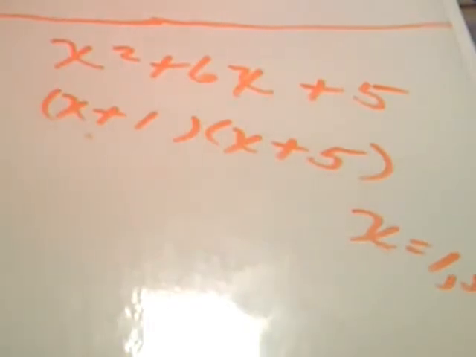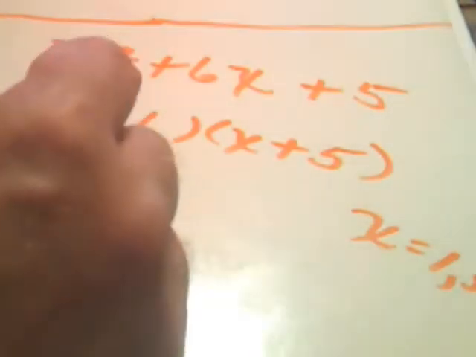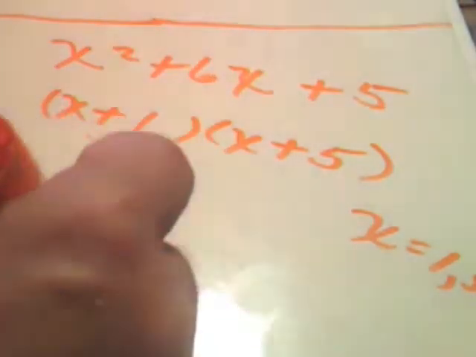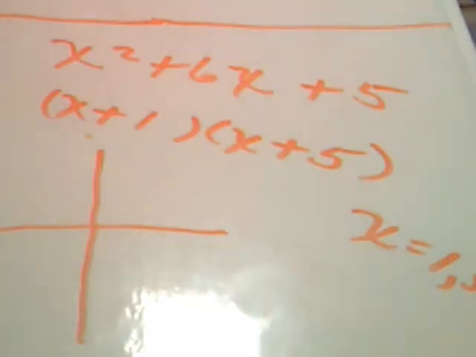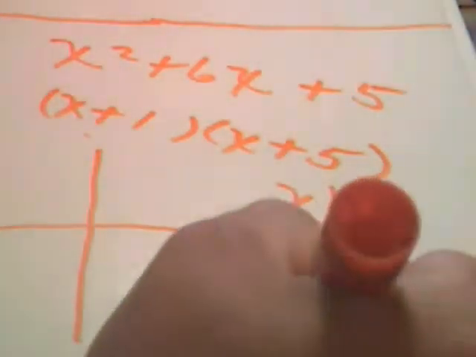Okay. Now if we were to graph this, to see what our graph looks like, we can substitute one, two, three, four.